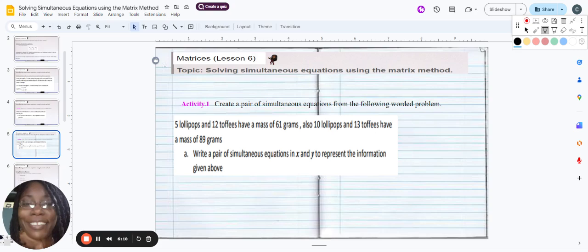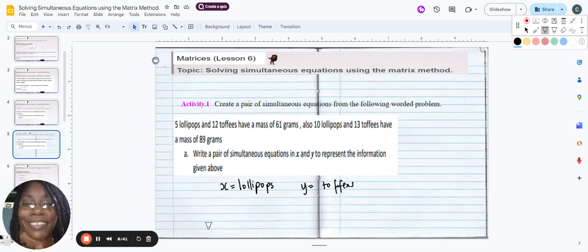All right, so what did you come up with? So let's say you used Y or X to represent lollipops, and let's say you used Y to represent toffees. All right.